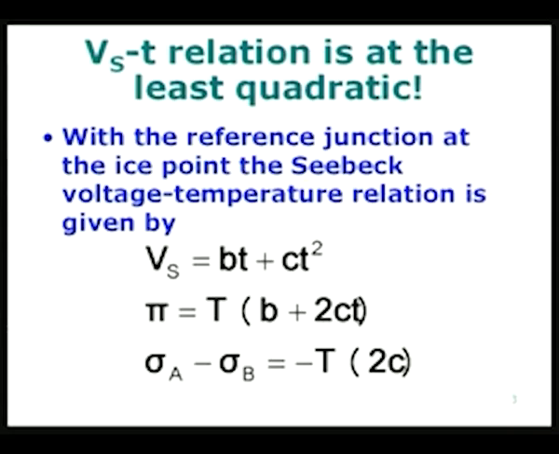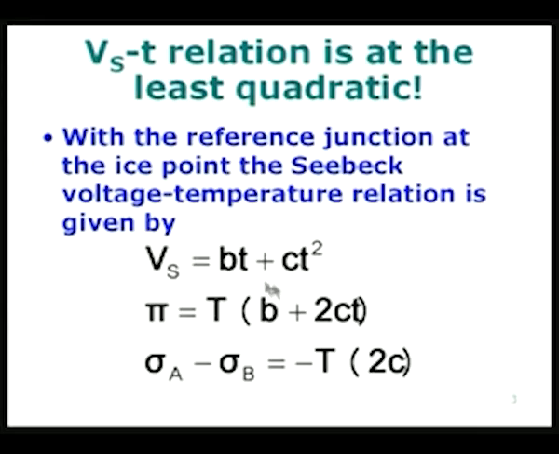You will also notice the following: if for some reason sigma a minus sigma b is very small, that is, if the Thomson effects in the two conductors A and B are close to each other, then the term containing Ct squared will be small. C is equal to sigma a minus sigma b divided by minus 2T, and C will be small if sigma a minus sigma b is small, then you have a true linear relationship between the Seebeck voltage and the temperature.